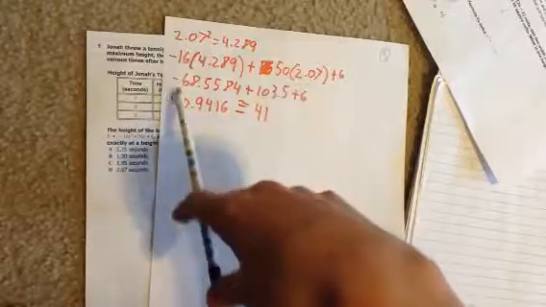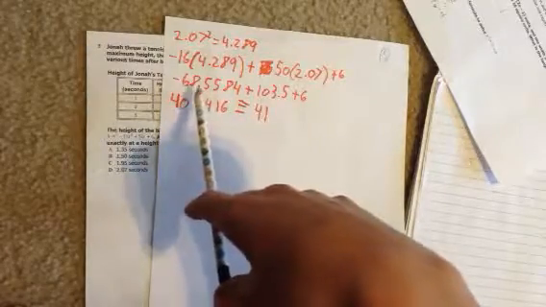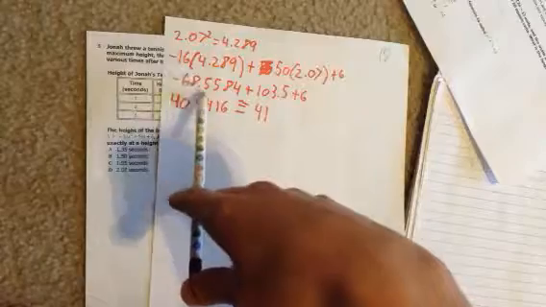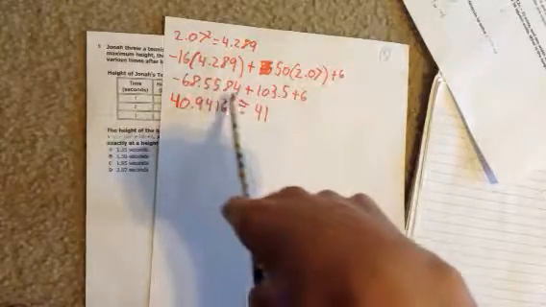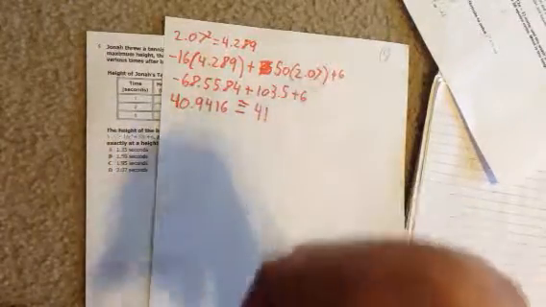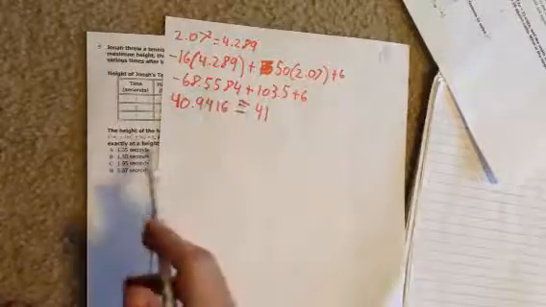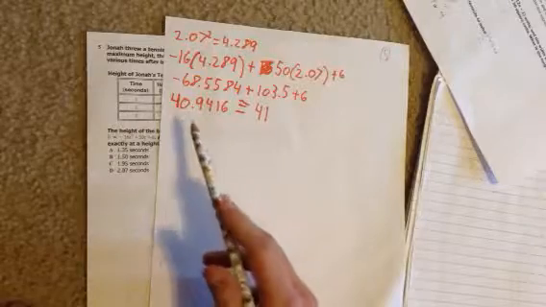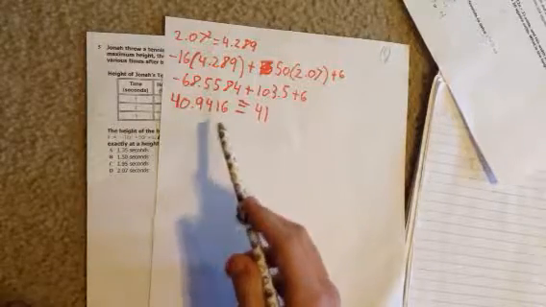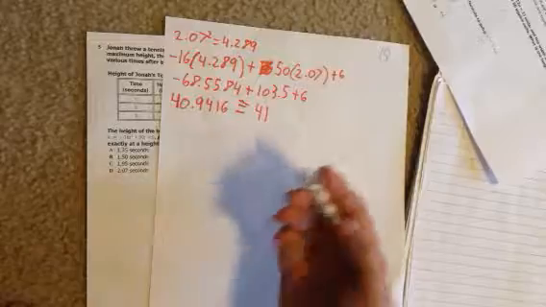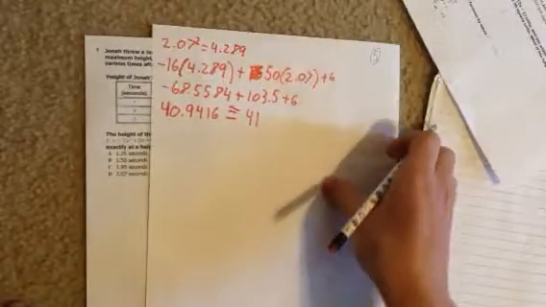Once we do the simple math, we get negative 68.5584 plus 103.5 plus 6. Then we just do addition and we get 40.9416.